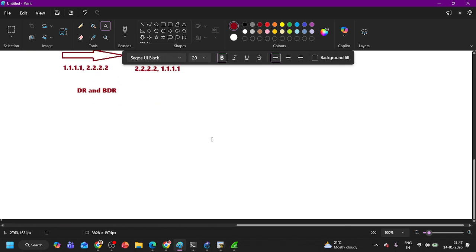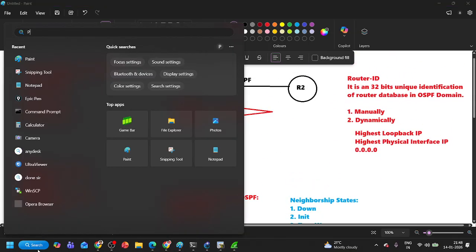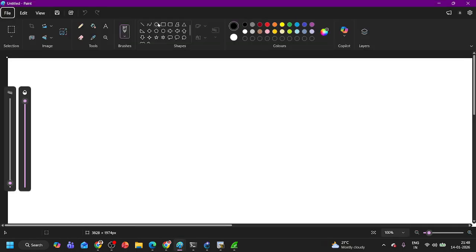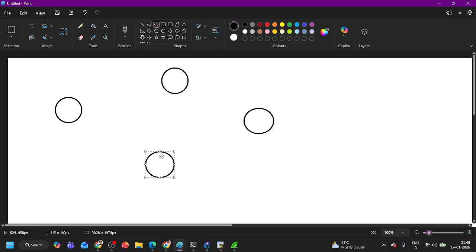Now, Praful, why are DR and BDR required? Let me tell you that. Let's suppose I have a multi-segment network or broadcast network. Nowadays in LAN we are using Ethernet, right? Ethernet means MAC based forwarding. See, if you connect 4 routers directly with cable, that network is less scalable.